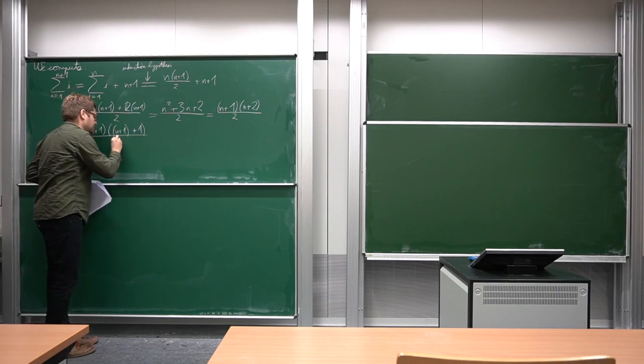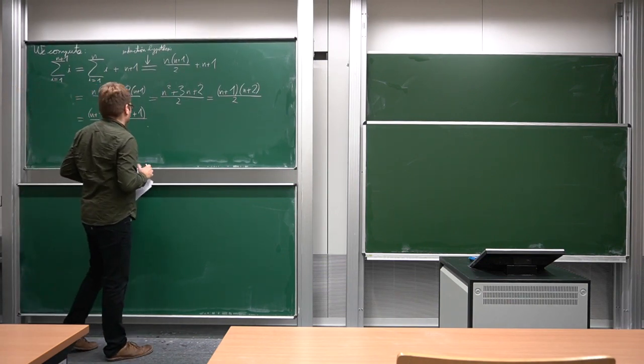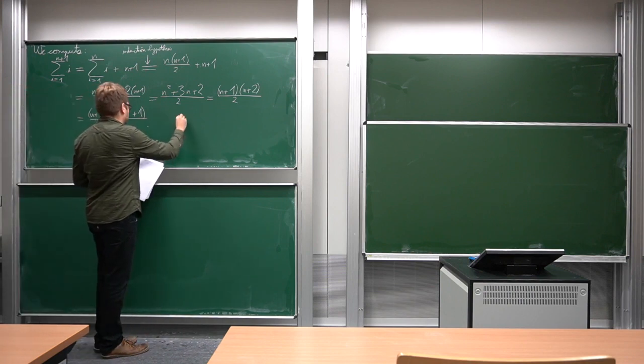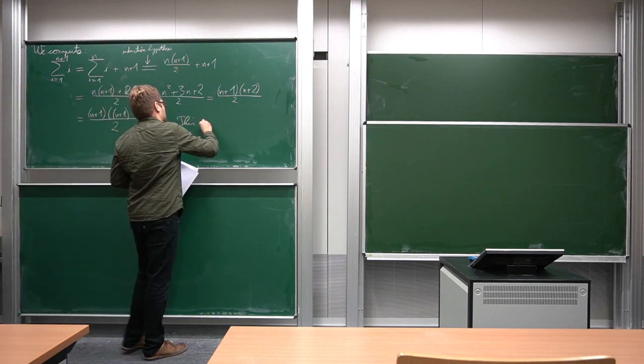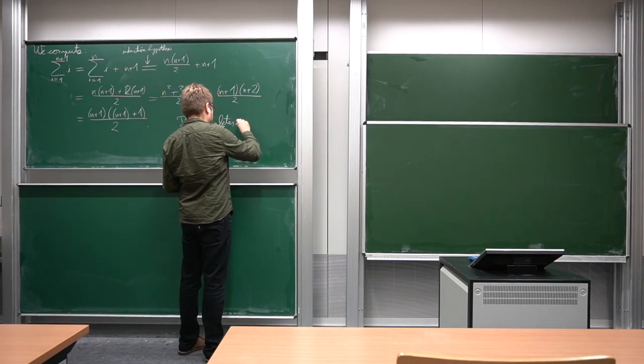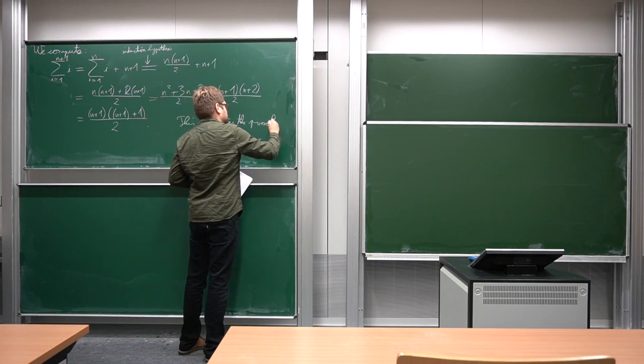And this is the right-hand side of the claim we needed to show. And so this shows the proof. So this is precisely what we wanted to show. This completes the proof. So we have checked that young Carl Friedrich Gauss was correct in his idea.